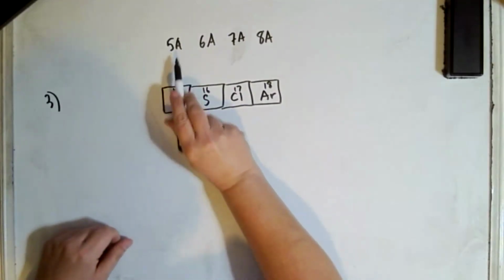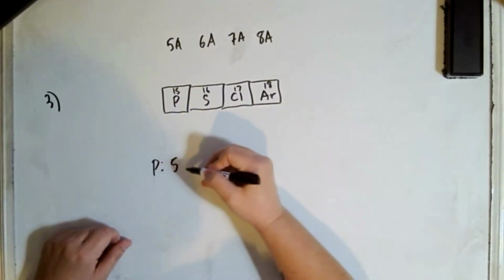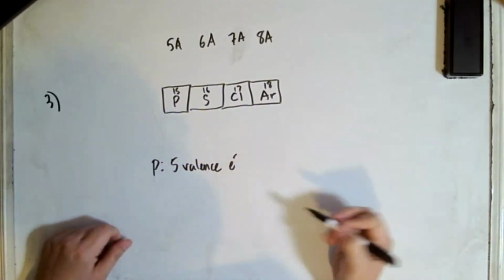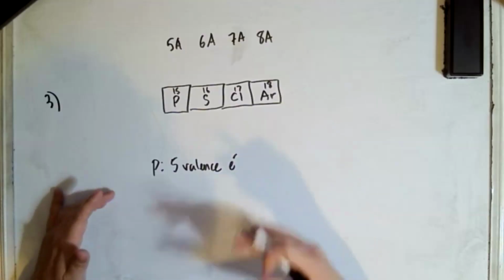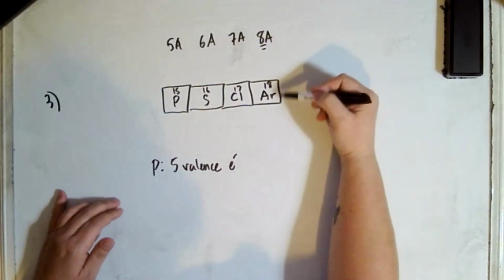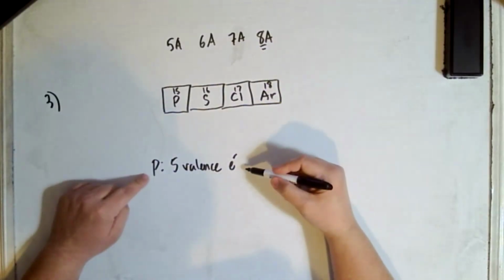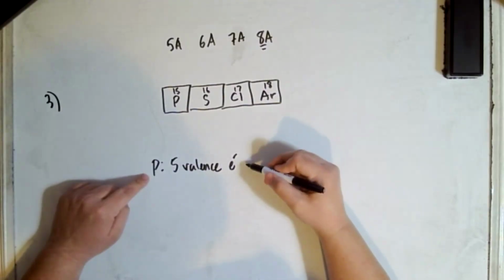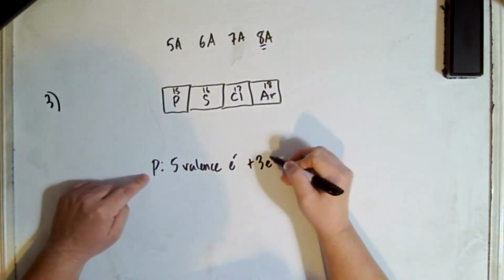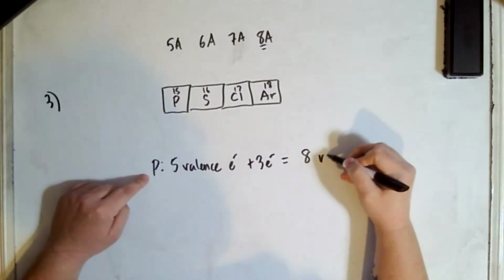Phosphorus is in group 5A, so phosphorus has 5 valence electrons. Like we already said, everything wants 8 valence electrons. Everything's trying to be like a noble gas. So if phosphorus has 5 valence electrons, it needs to gain 3 valence electrons to get to 8 valence electrons.